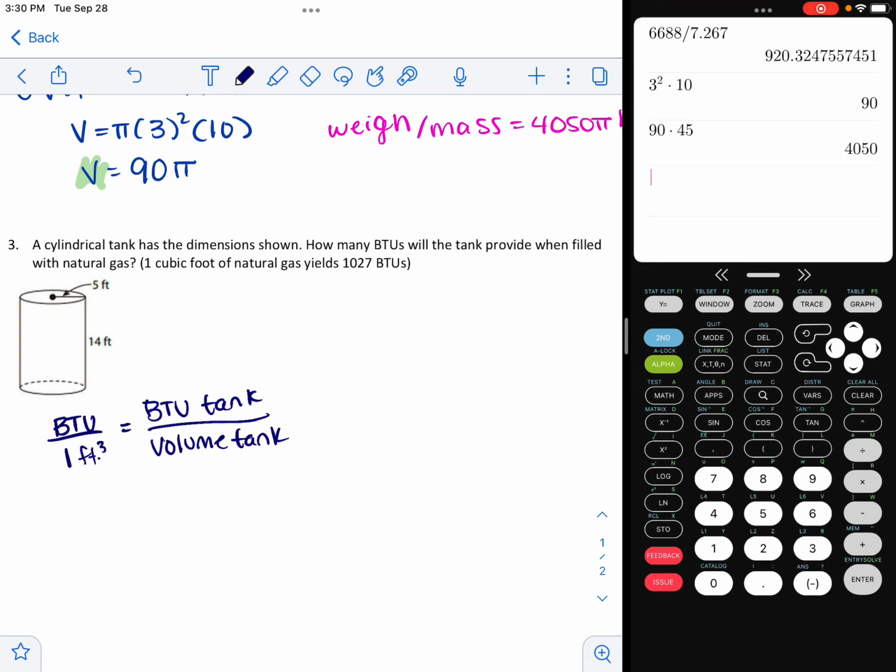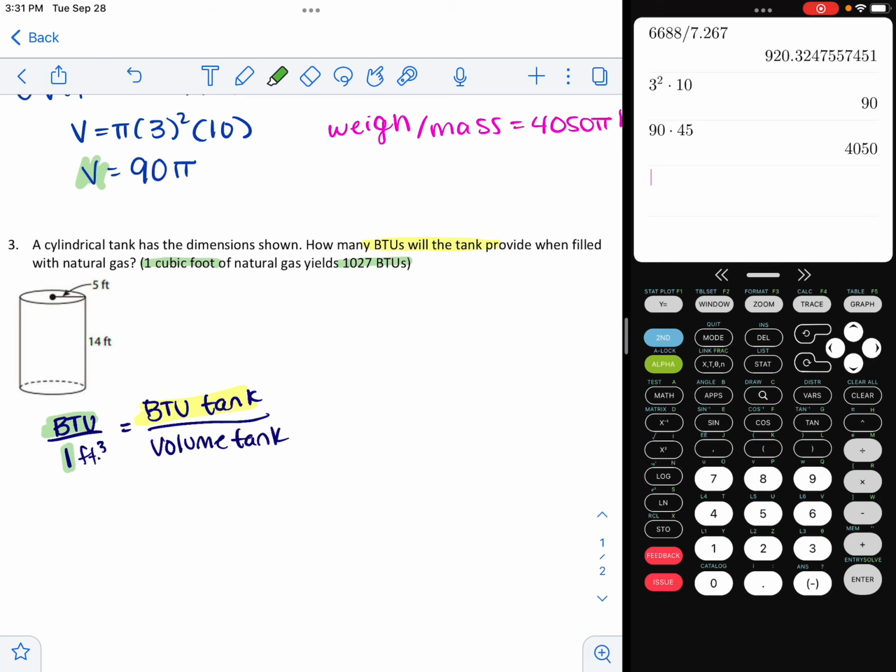So a cylinder tank has the dimensions shown. How many BTUs will the tank provide? So this is asking for BTUs in tank. That's this one right here. When filled with natural gas. And then it tells us that 1 cubic foot yields 1027 BTUs. So that's this one right here because it's over the 1.